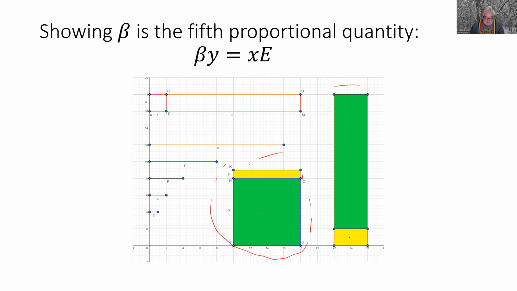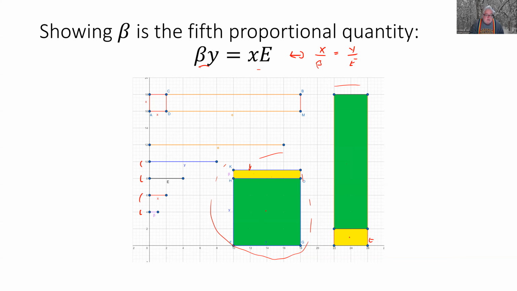But the yellow area here is beta times Y. The yellow area here is X times E. So beta times Y equals X times E. Or we can rewrite that as X over beta equals Y over E. So the ratio between X and beta is the same as the ratio between Y and E. So that means beta is in fact the fifth proportional quantity with the other ones.